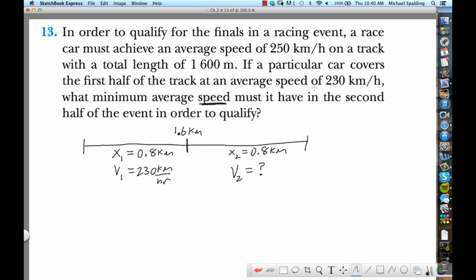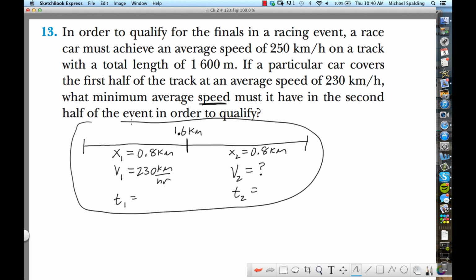The question is, what minimum average speed must the car have in the second half of the event in order to qualify? Okay, so T1 and T2. Now they tell us that in order to qualify for this entire journey, the car must have an average velocity of 250 kilometers per hour.